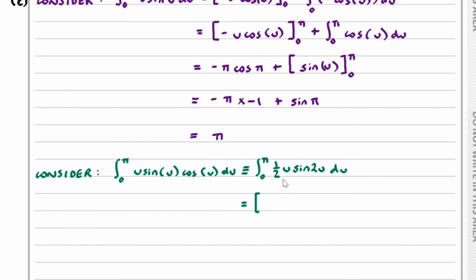Rather, here we've got a half u multiplied by, well, here, integrating sine 2u, I end up with minus a quarter cos 2u in between 0 and pi.